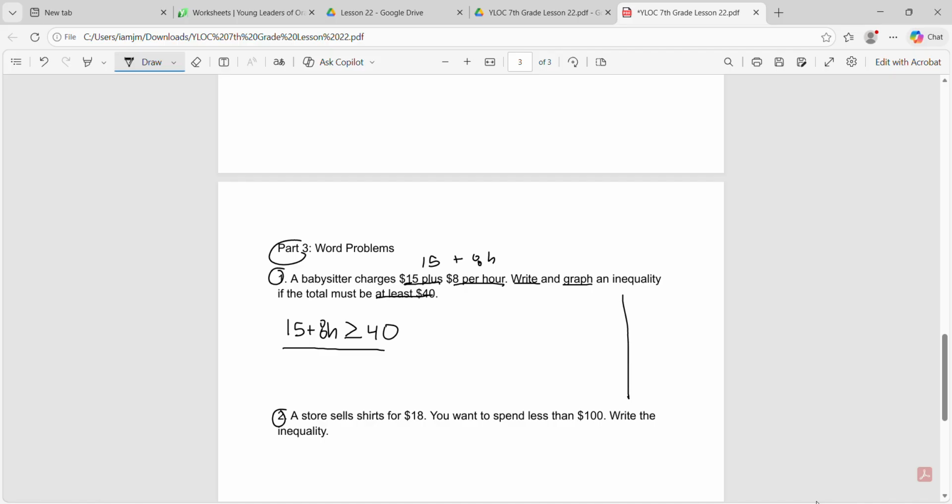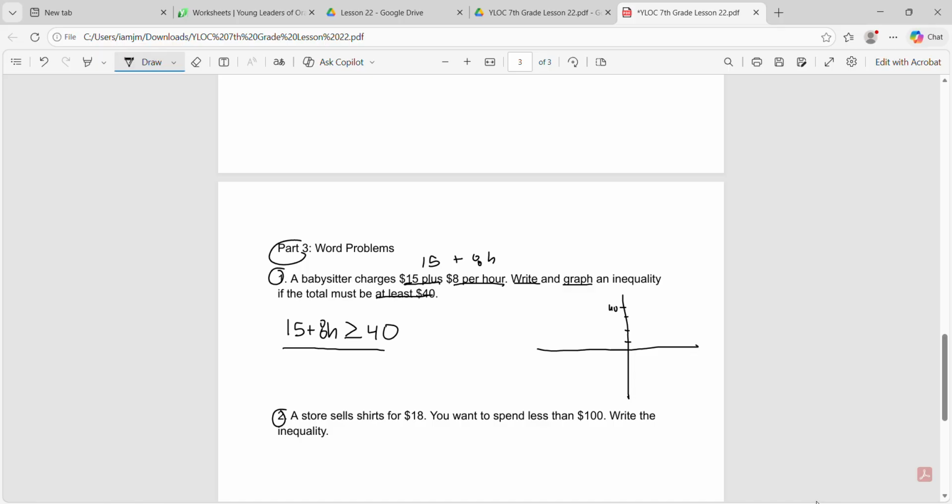Since it says write and graph, you've got to read the instructions very carefully. So 8H plus 15 is at least 40.